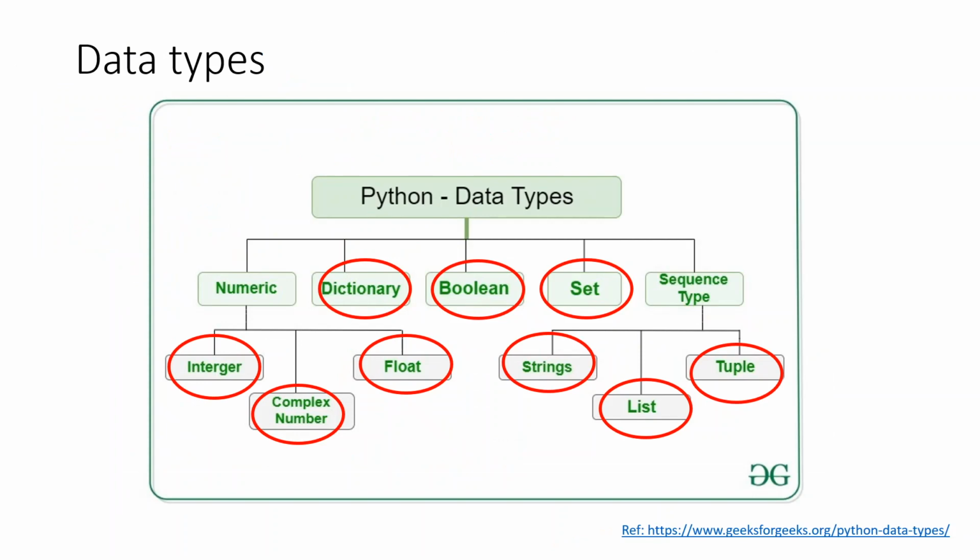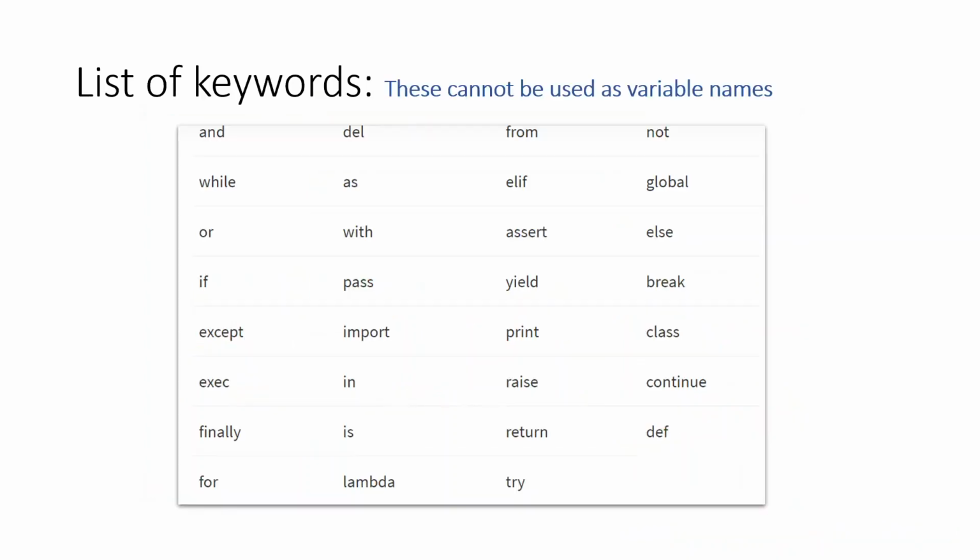Python automatically manages this because all these are finally objects, and you don't need to specify what kind of data type it is. Such languages are also called dynamically typed languages. We also saw variables, and there are some keywords which cannot be used as variables. Those things are on the PPT.